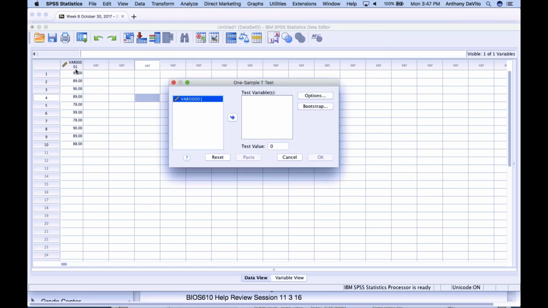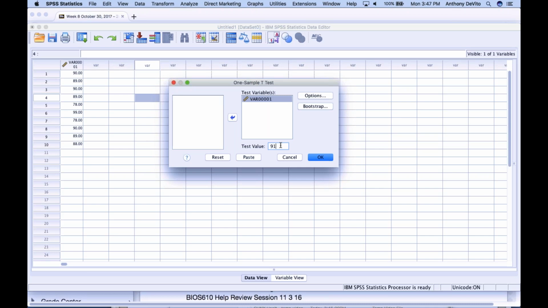First thing, it sees my numerical variable here, my sample of 10 people. That's what I'm going to compare. And then for my test value, I am going to put in the value that I said was the mean for the other population. What did I say, 90 or something like that? 91? I'm going to put in 91.